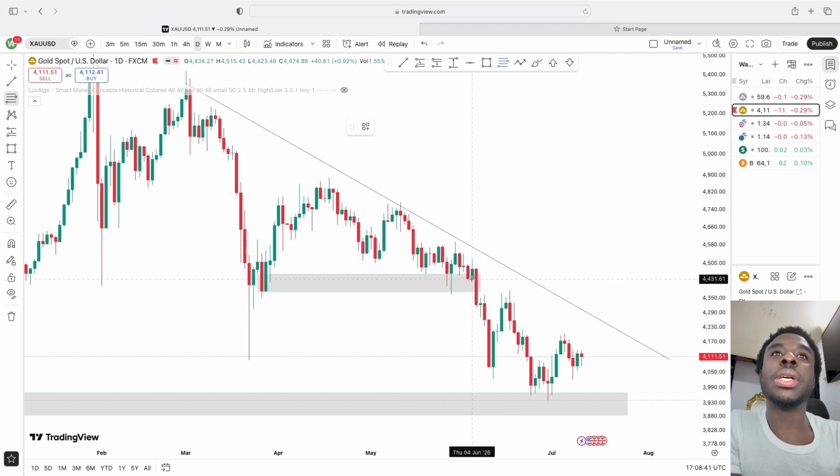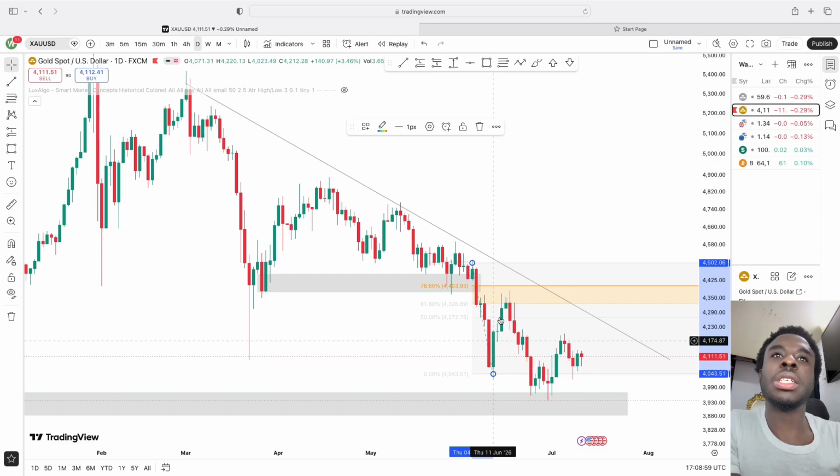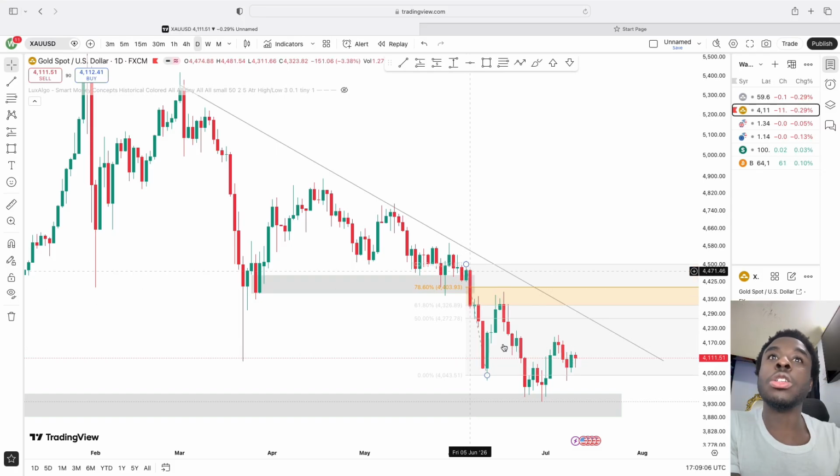It got broken to the downside, and we applied our Fibonacci to the level that broke price. No, sorry, let's forget about this side. This was the level that broke price to the upside, and this is the level price reached before it started retracing. I'm showing how I got my sell last week.